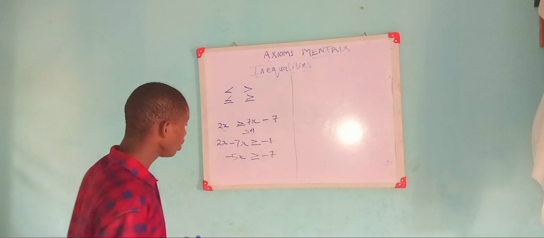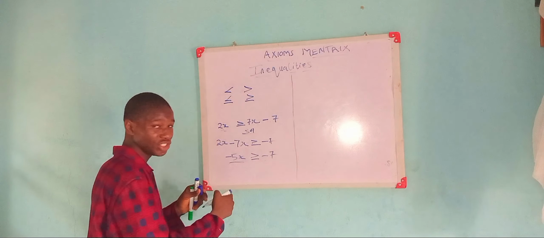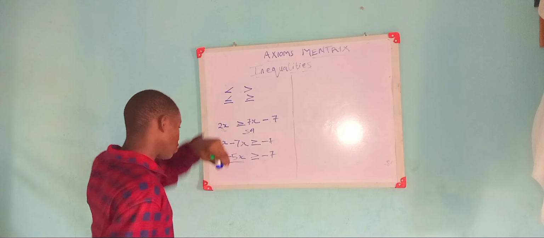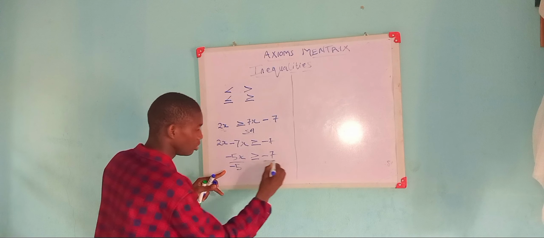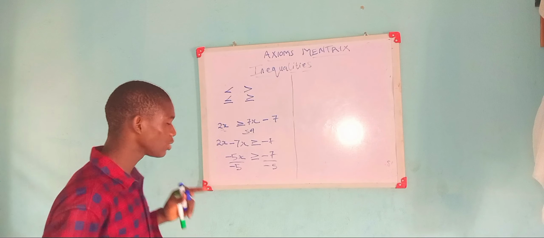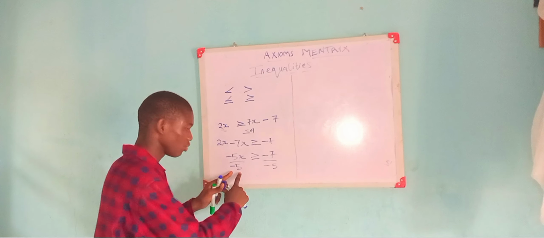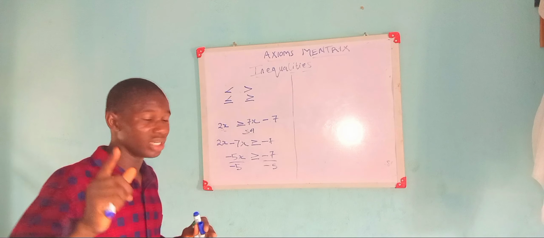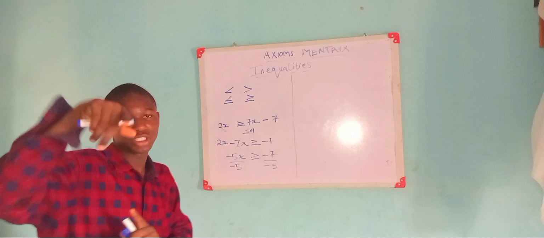So what we are going to be doing here is dividing by the coefficient of x, and the coefficient of x is minus 5. Now there's something very important in this part: whenever you are dividing by a negative coefficient, the sign changes to the opposite direction.